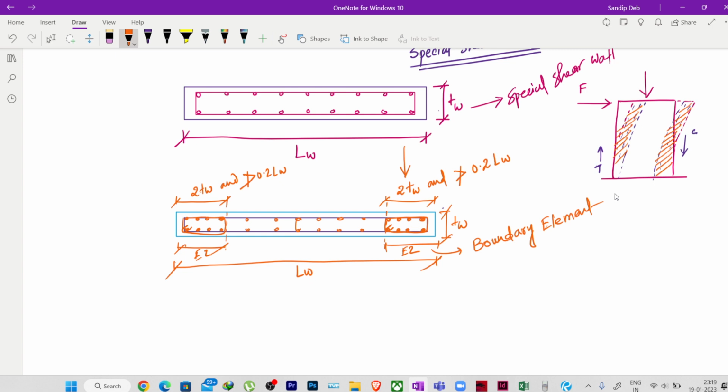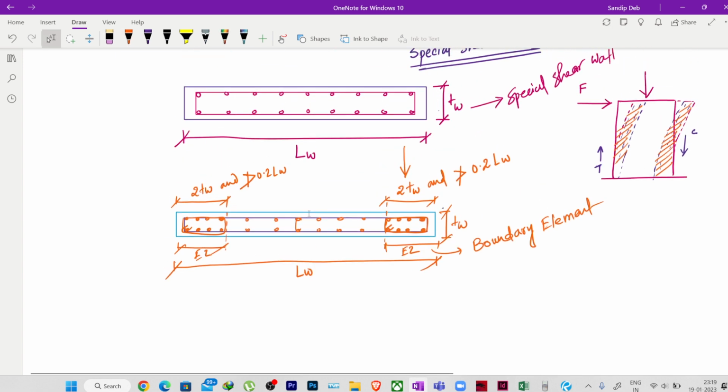This boundary element is not always compulsory. In general practice, in any kind of shear wall, it is a good practice to provide stiffer zones at the ends. But there is a criterion when it is compulsory.